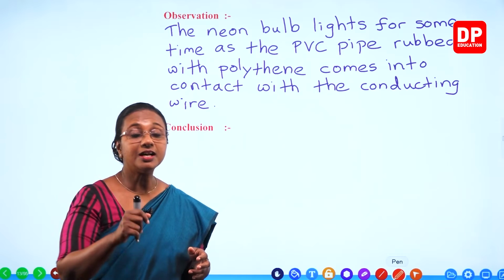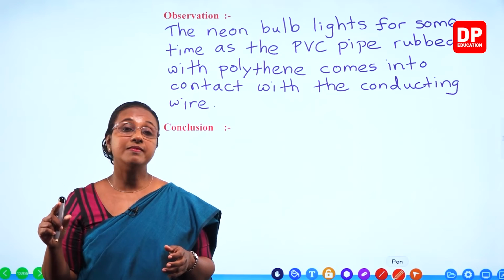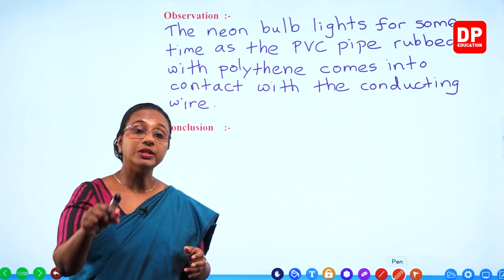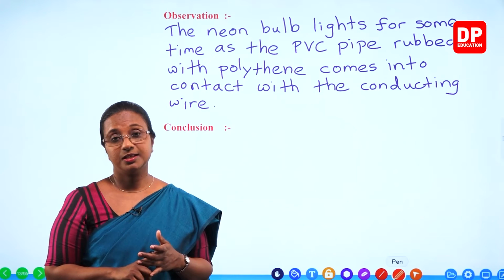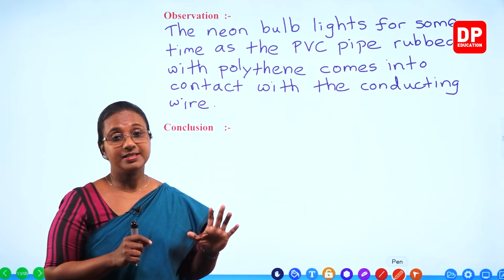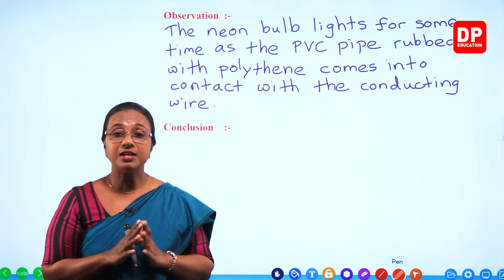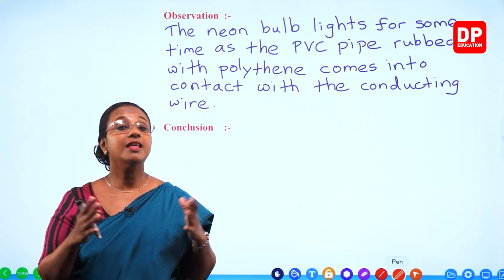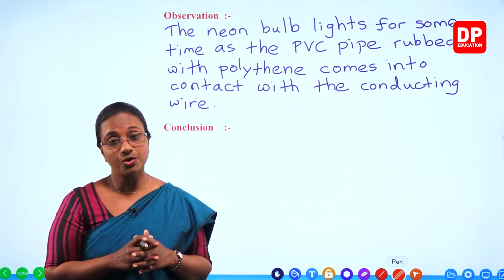And as I touch the conducting wire, charges from the PVC pipe flow through the conductor, through the neon bulb to the earth. So until that flows, the bulb lights. Once all the charges flow away, then there is no charge flow, therefore there is no current. That is why the light goes off.